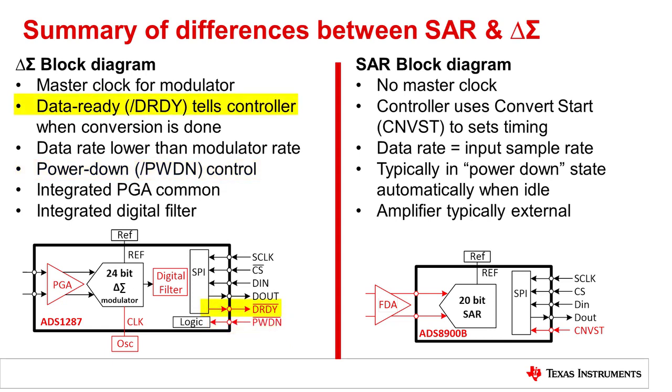Lastly, the delta sigma ADC has a data ready interrupt pin to tell the microcontroller when a conversion is complete. Typically, the microcontroller will use an interrupt or polling method to know when the data can be read. The SAR converter, on the other hand, is explicitly controlled by the microcontroller using the convert start pin.